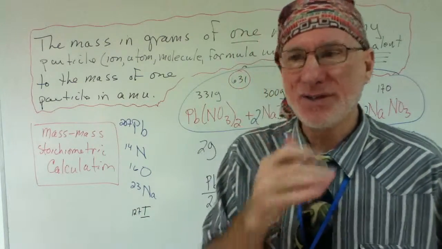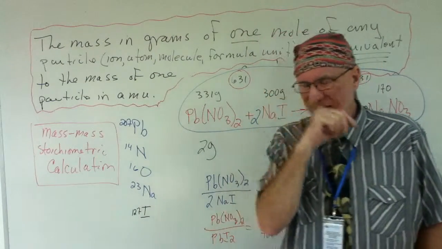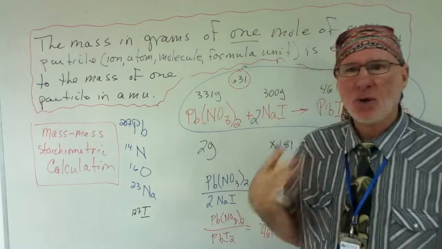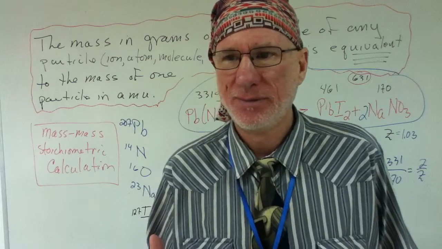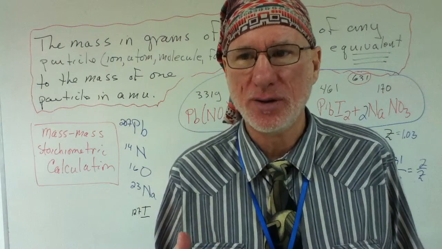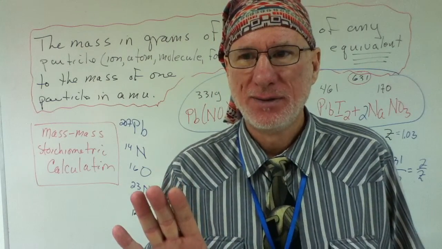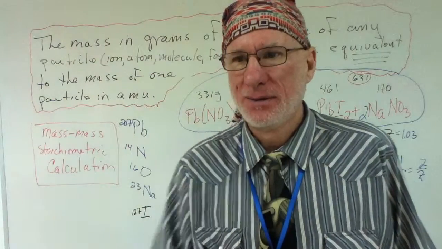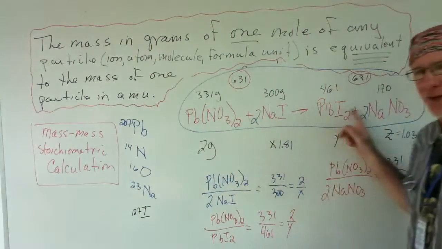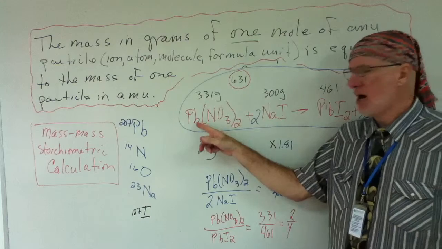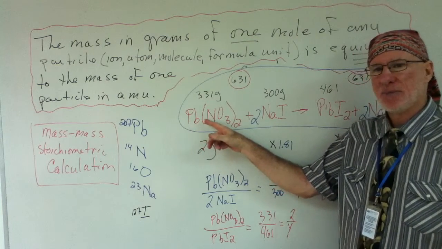And part of this chapter, this is easy, it's straightforward. What's the hard part about the chapter? You have to know how to do this. In other words, you have to know that this is a double replacement.